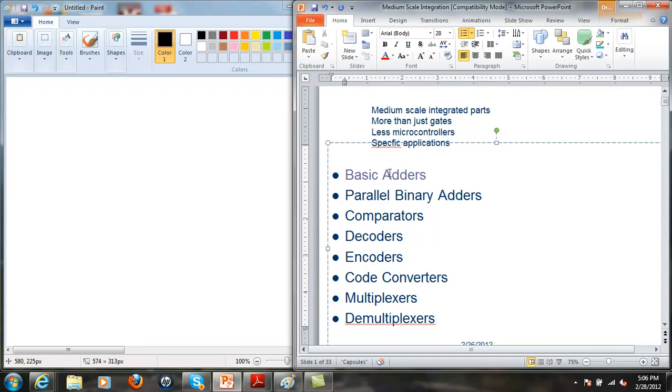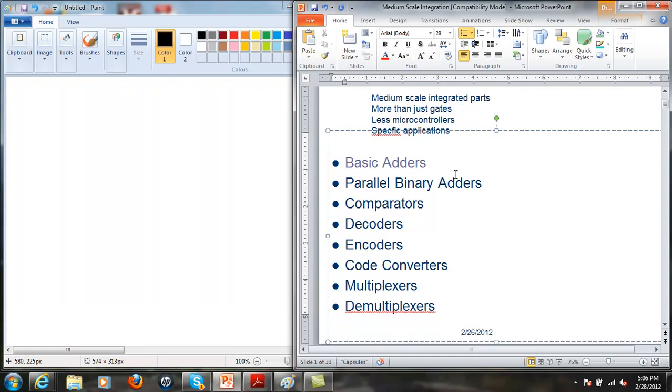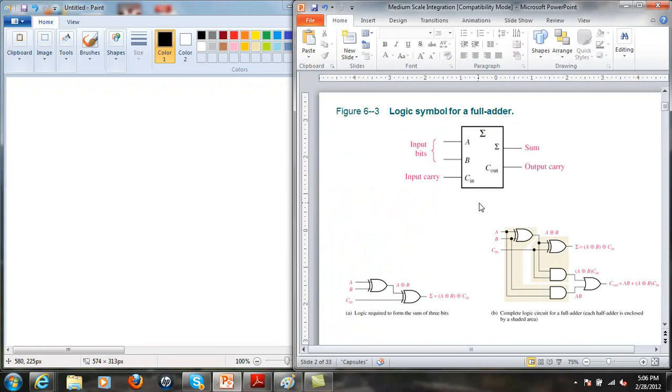Let's start with a basic adder. An adder is a chip that has 3 inputs and 2 outputs. In this case, there's an A and a B input where you add the binary numbers, so it's a 1-bit adder.